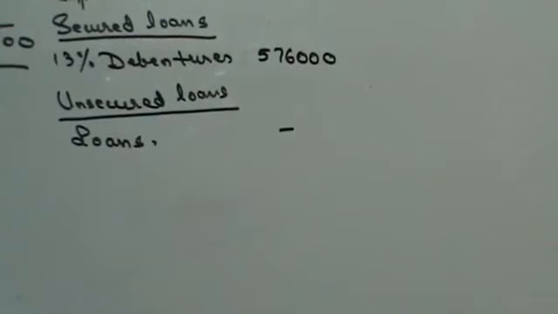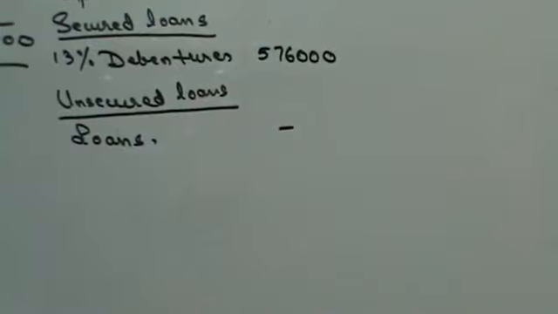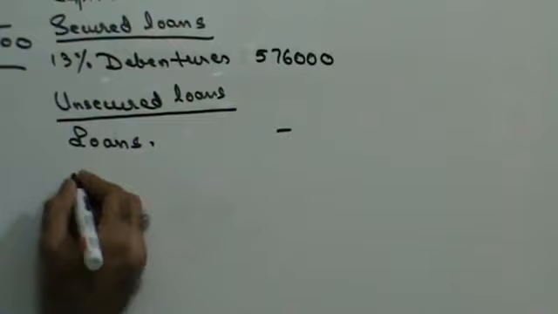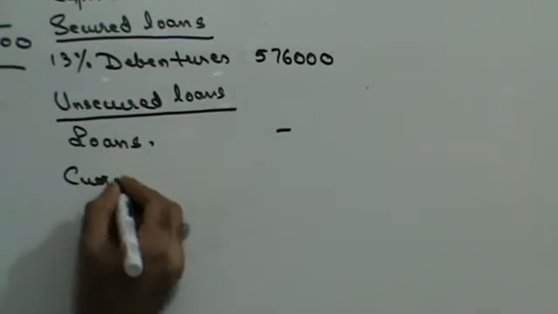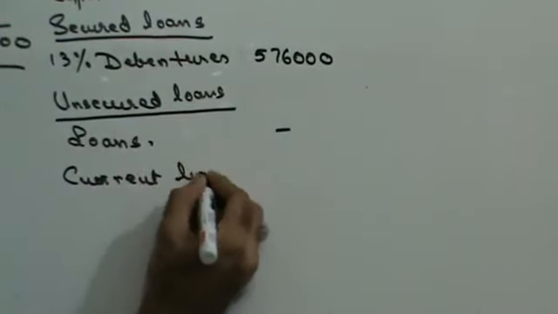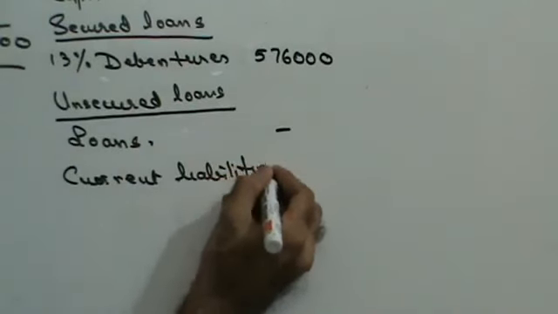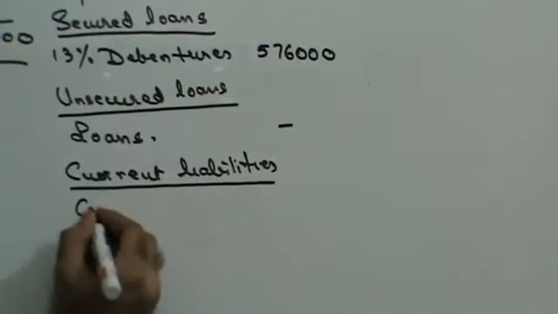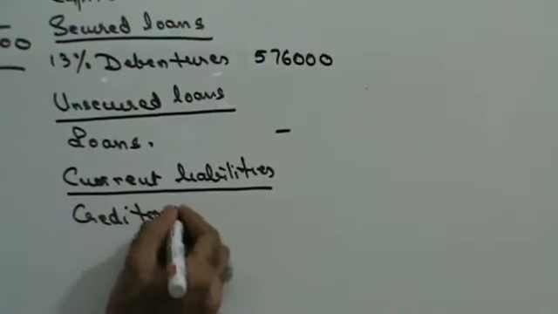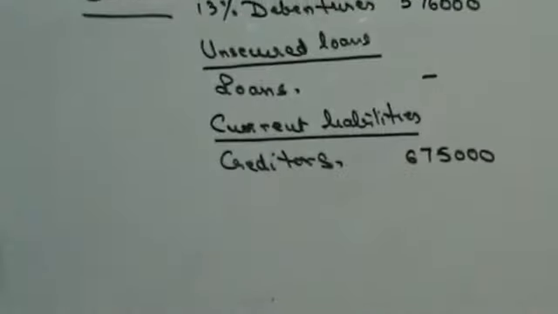Loan was 2,22,000 and you have 2,22,000 on the debit side. Next, you have creditors that will come in current liabilities. Do we have an entry with creditors? Yes, 75,000. So 7,50,000 minus 75,000, 6 lakh 75,000. That's it.